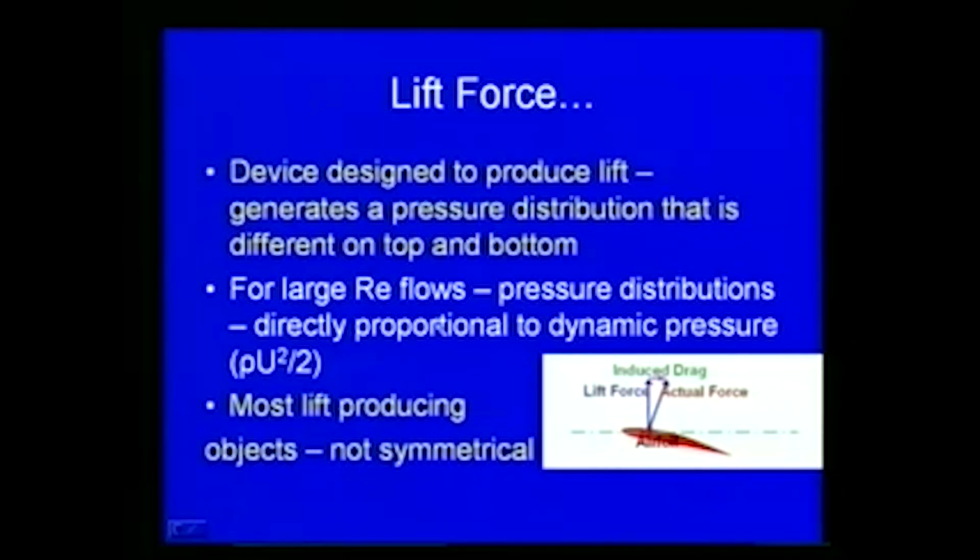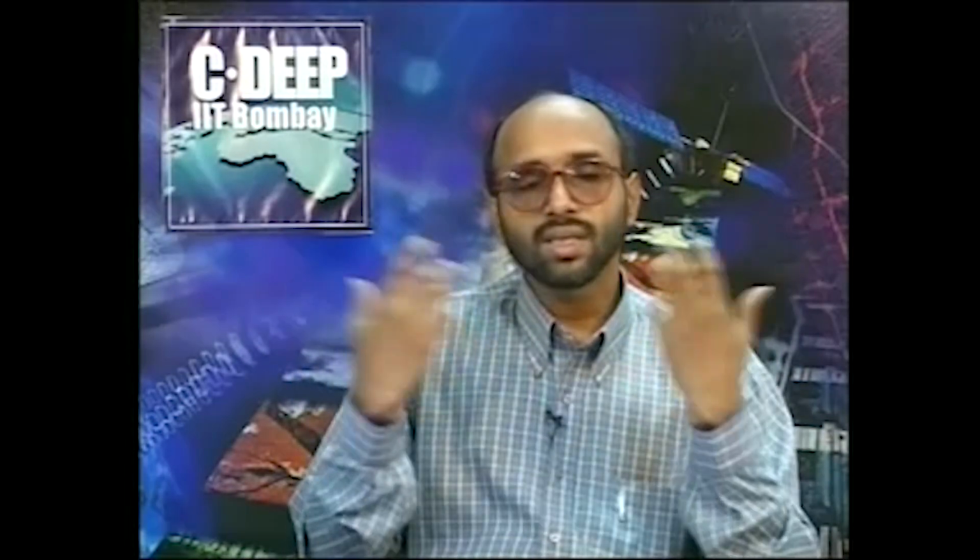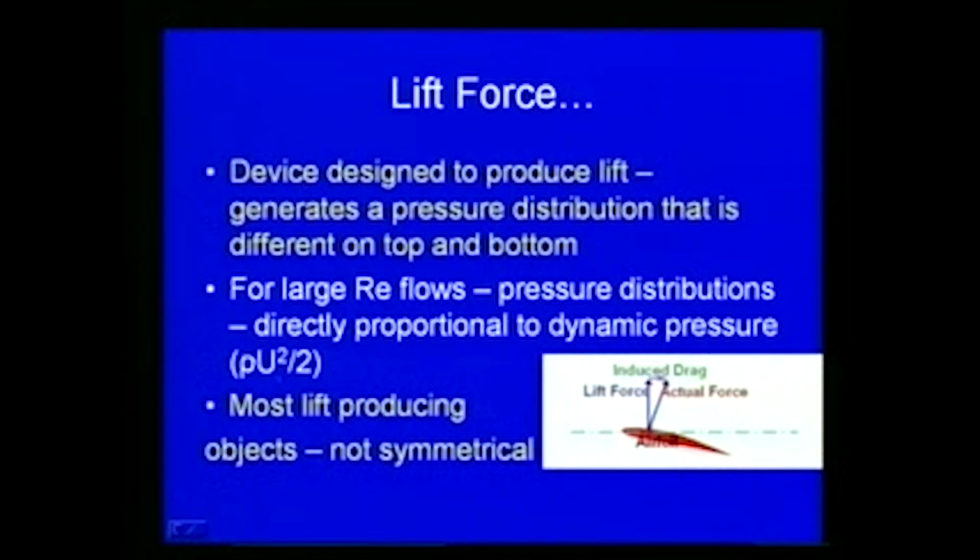When the Reynolds number is increasing, that means when the flow becomes turbulent, the pressure distribution is generally proportional to the dynamic pressure, or rho u square by 2, and depending upon this factor rho u square by 2, the coefficient of lift will change.